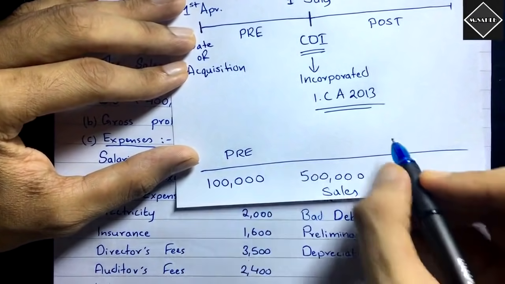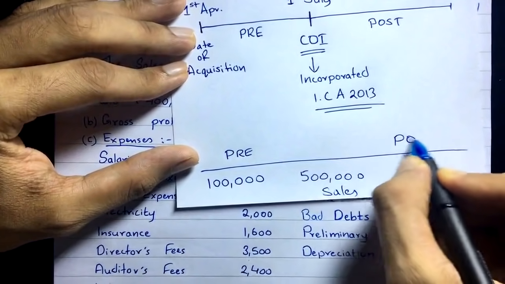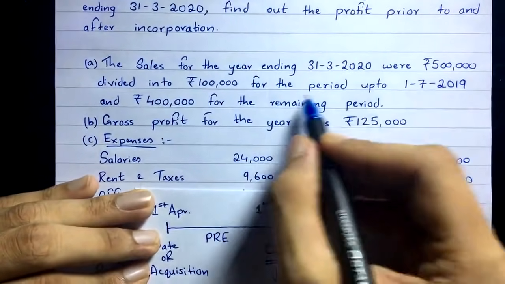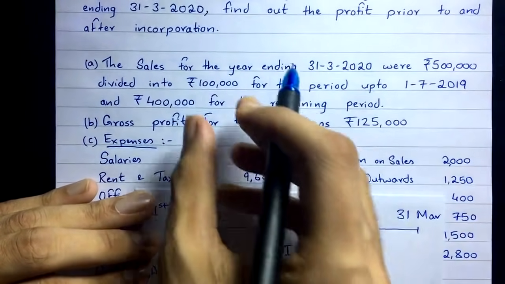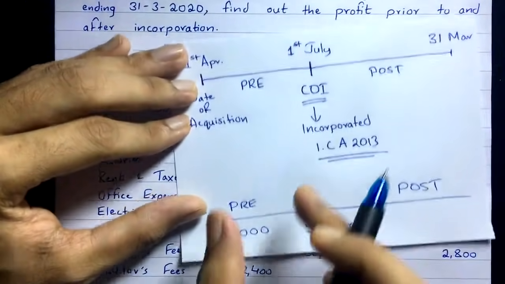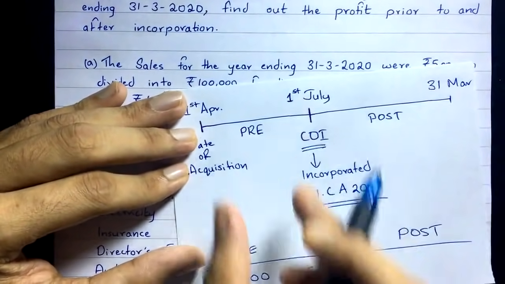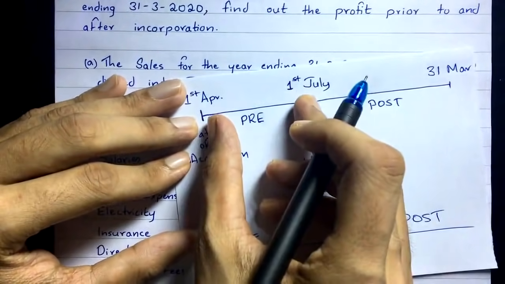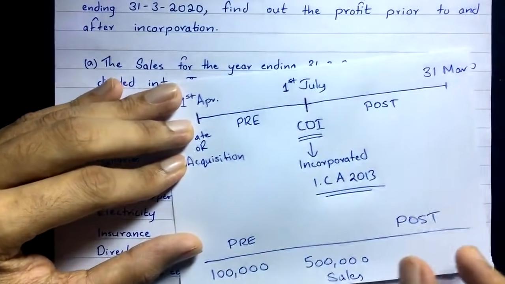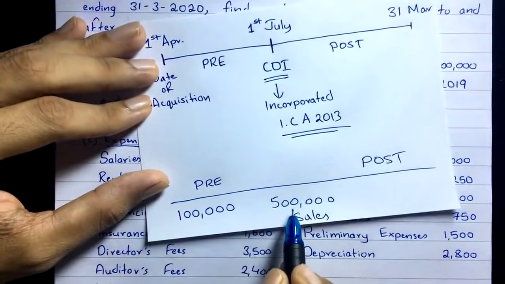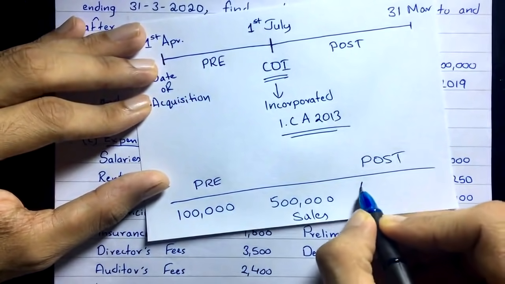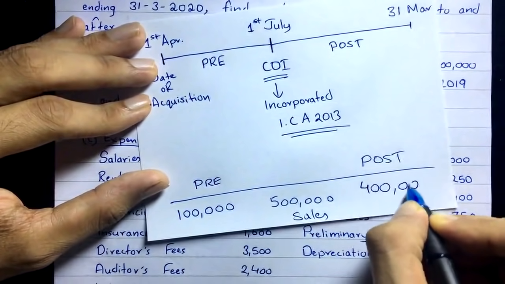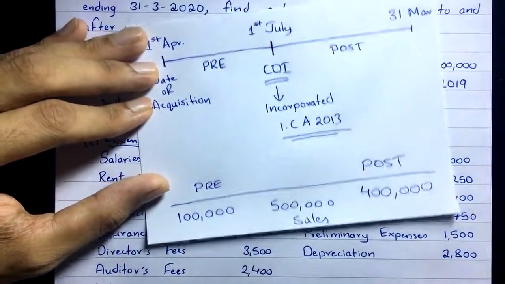Then the sales for the post-period they have also given us: 4 lakh for the remaining period. If 1 lakh is for the pre-period, then what is remaining is post. Out of 5 lakh, if 1 lakh is pre, then the remaining 4 lakh is for post. Simple? Okay, you got this, right? Yes, it's very simple.